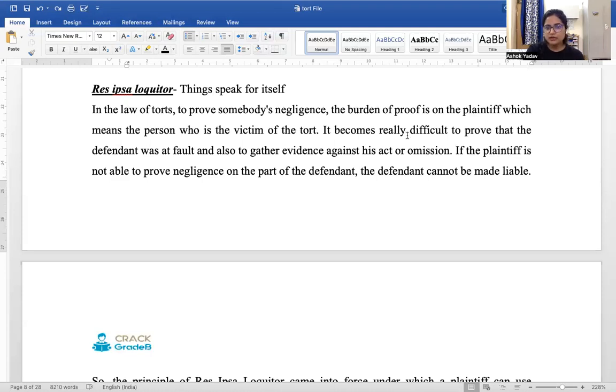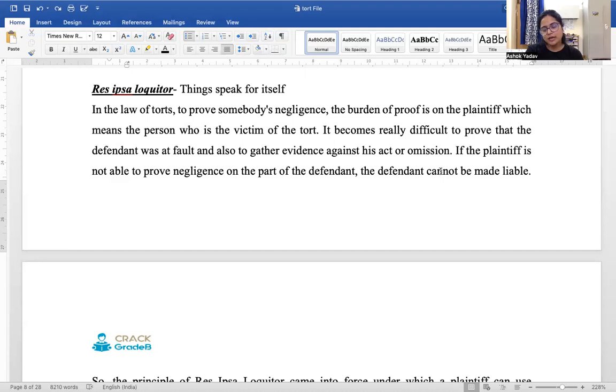So it becomes really very difficult to prove that the defendant was actually at fault, and also to gather evidence against his act or omission. So definitely it becomes difficult to gather evidence against the defendant. If the plaintiff is not able to prove negligence on the part of the defendant, the defendant cannot be made liable.